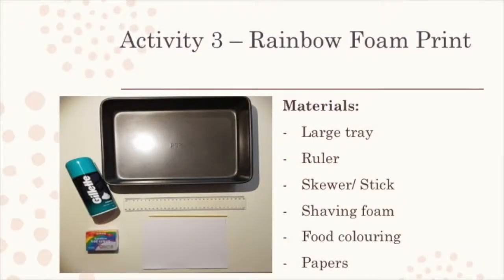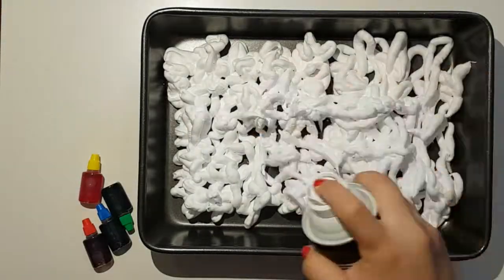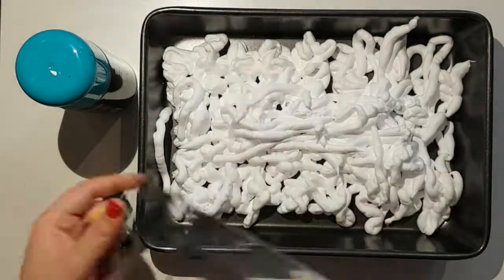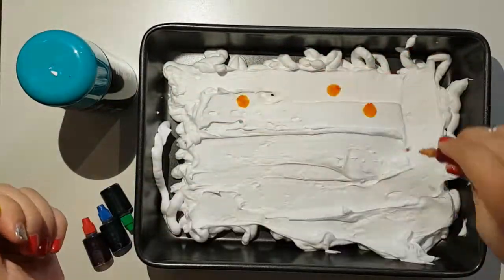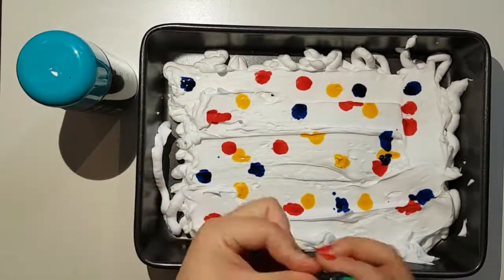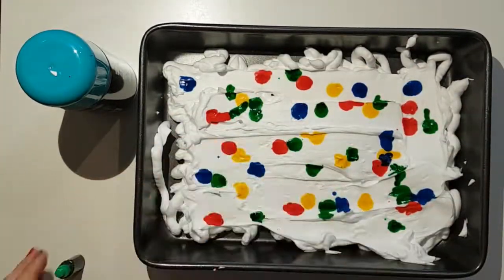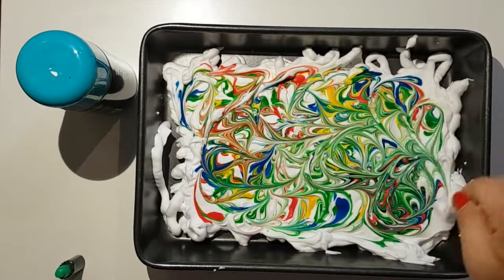The third activity is rainbow foam print, and these are the materials that you will need. First of all, spray the shaving foam to cover the base of the tray. Use a ruler to make the uneven surface flat. Now let's drop some food coloring on the shaving foam and use a skewer stick to start marbleizing the foam.